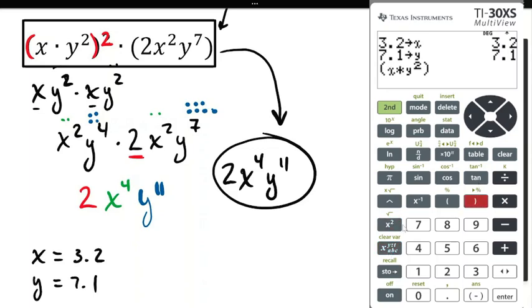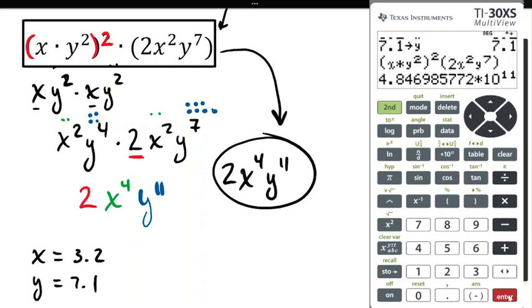I'm going to close the parentheses and raise that to the second power. I'm then going to multiply that by open paren 2x to the second, and then y, raised to the seventh power. And I'm going to close those. I got to close the parentheses, right? No, go back, delete there, and close the parentheses.